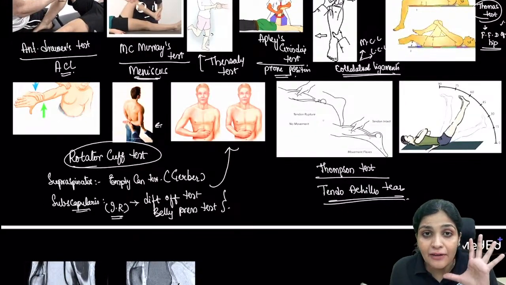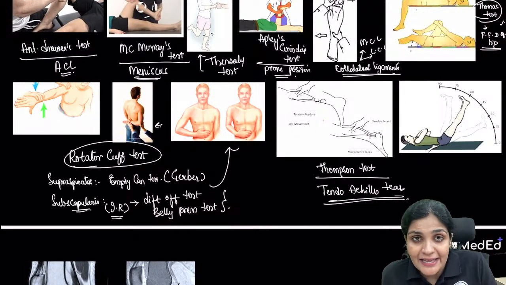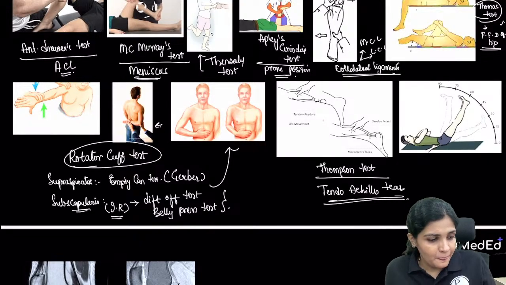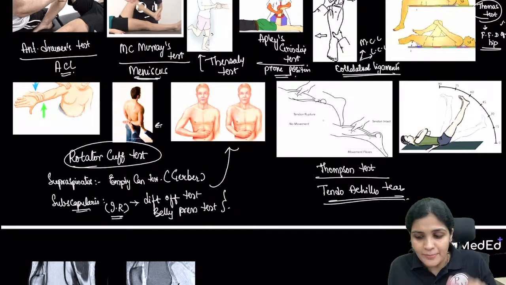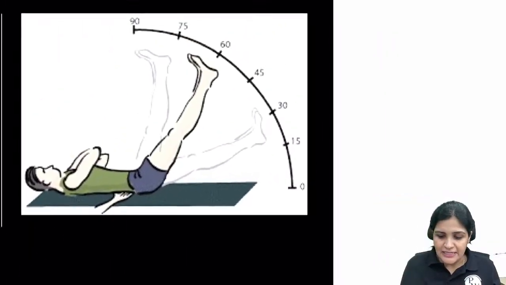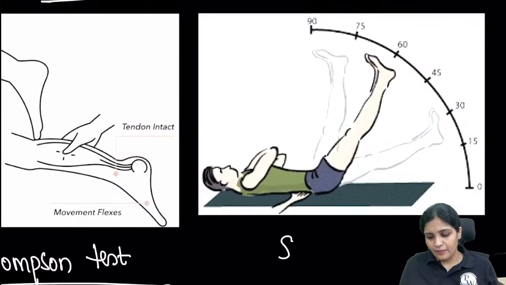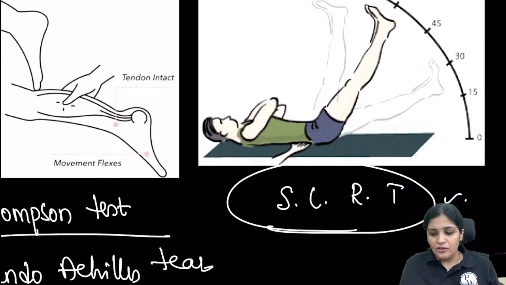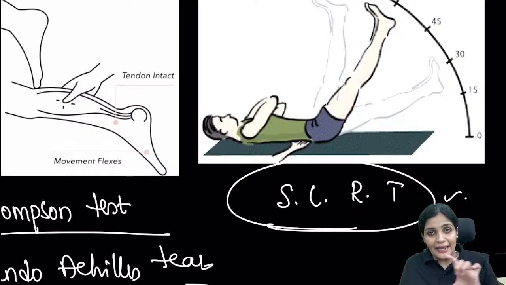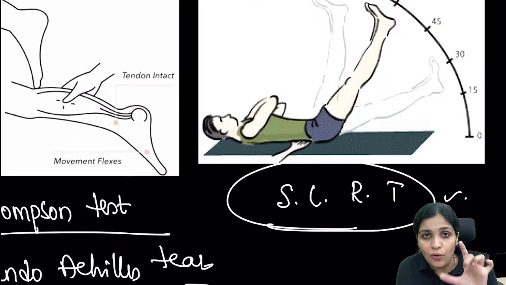And this is your Thompson. Thompson is for tendo-Achilles. Remember, Thompson is for tendo-Achilles, Thomas is for hip. And what is this test? This is straight leg raising test. You have to just raise your leg straight without flexing the knee.